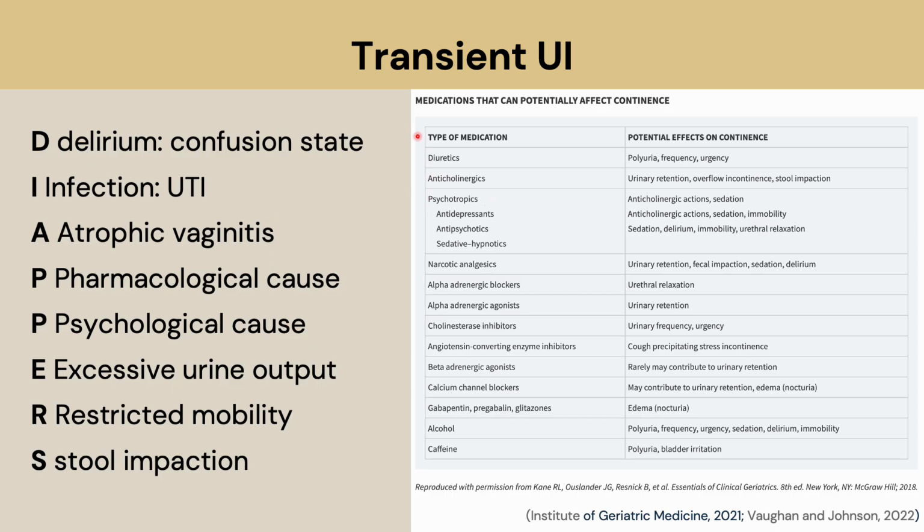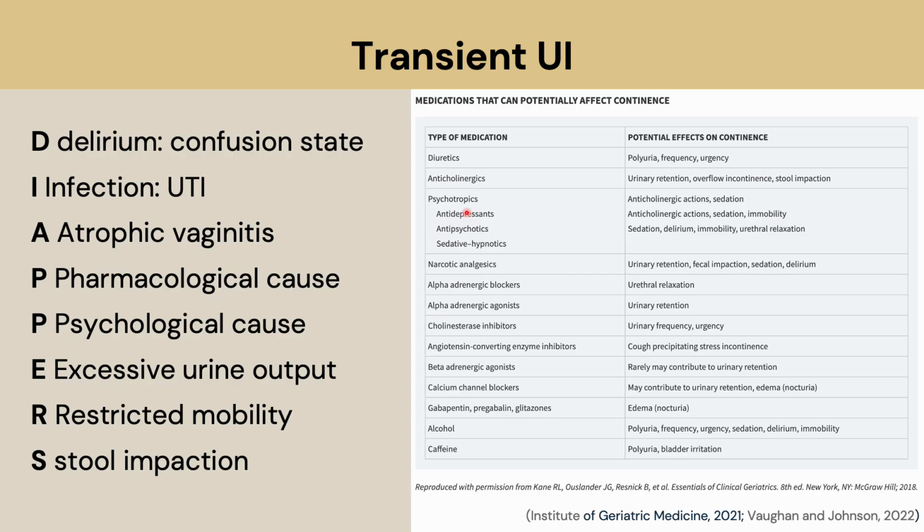Some medications increase urine production and therefore increase urinary frequency or urgency. Common examples are diuretics as well as alcohol, which act as diuretics. Other medications interfere with the normal micturition pathway that we reviewed earlier.